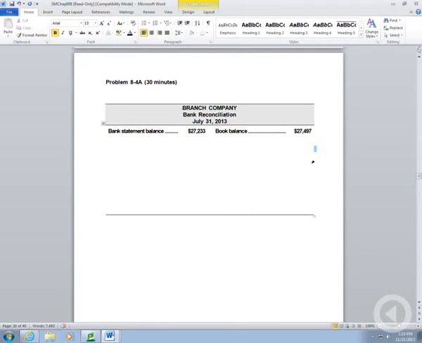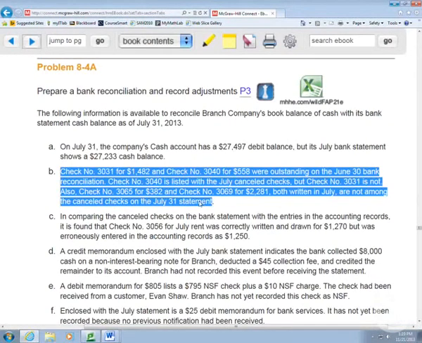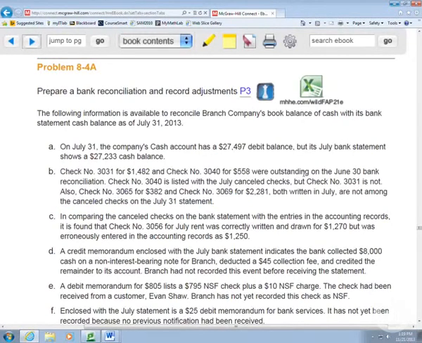And here's what you do. Each item you will deal with separately. So when you look at an item, this is letter B. When you look at an item, the first thing you need to know is which side this item affects. In other words, where do I need to make the change? Do I need to make it on the bank balance or do I need to make it on the book balance, right? Because the reason there are differences between the two, what are the reasons?